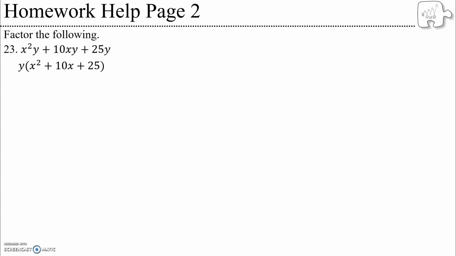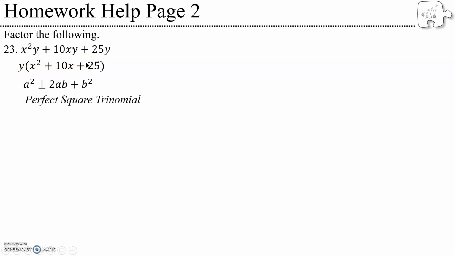All right, we just have one more for you. We have x squared times y plus 10x times y plus 25 times y. What I'm going to do first is notice that they each have a y, so I'm going to take that y out. Now it'll look a little bit easier.